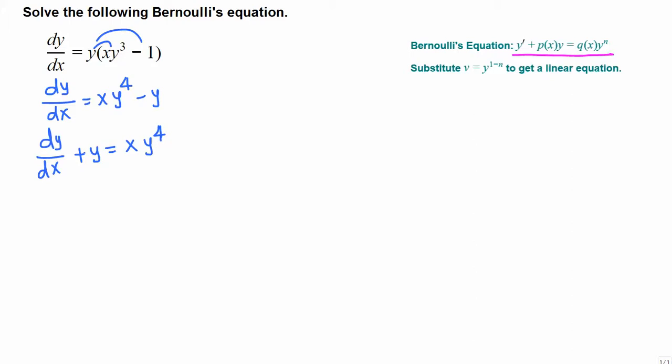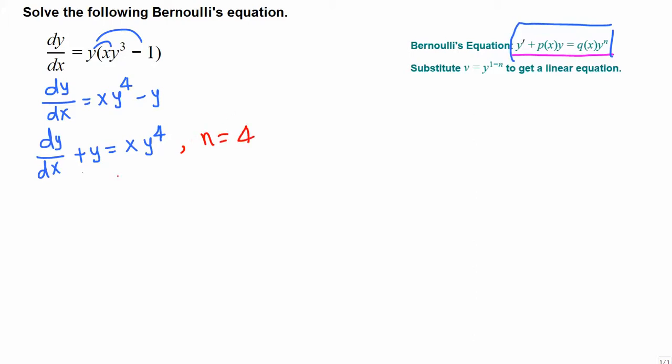This is y prime plus 1 times y, so P(x) is 1 and Q(x) is x, and y^n is y to the fourth. Due to this factor y to the fourth, this is non-linear, and n equals 4 in this case.